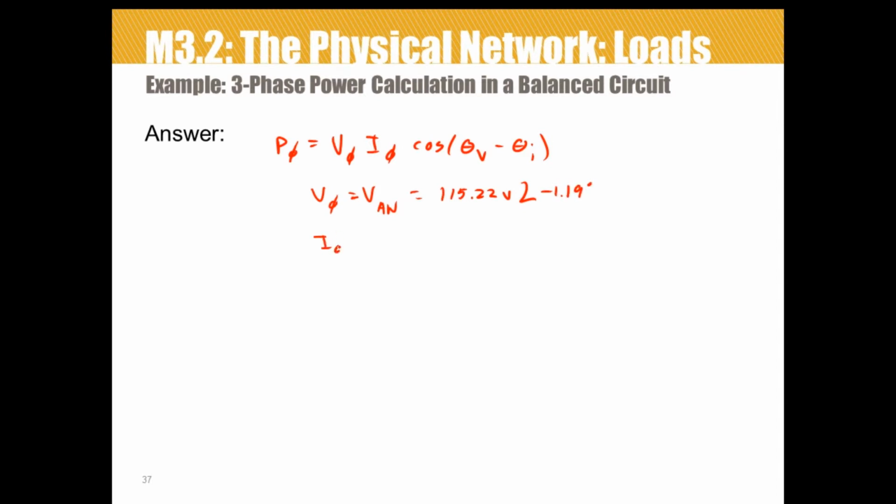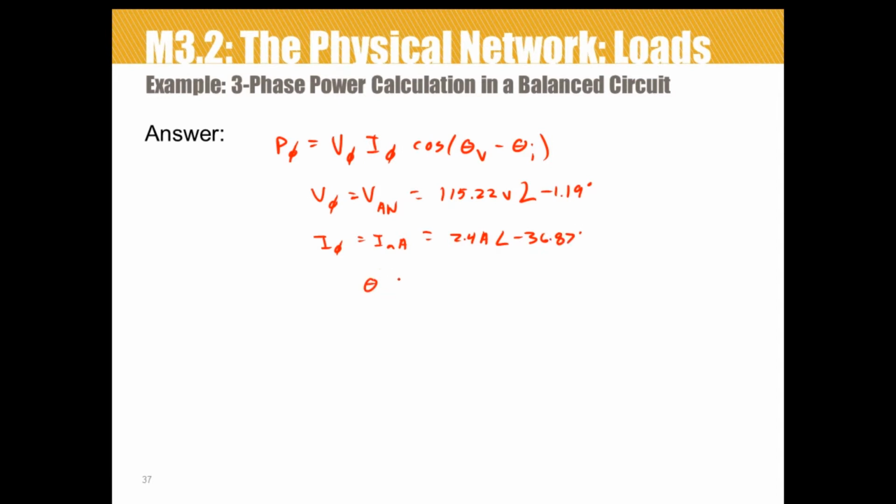And we determined that the current, which was both the line current and the phase current in that example, was 2.4 amps at an angle of negative 36.87 degrees.